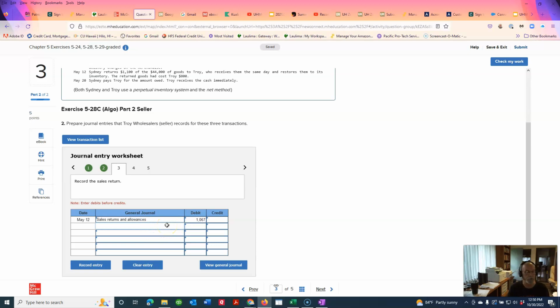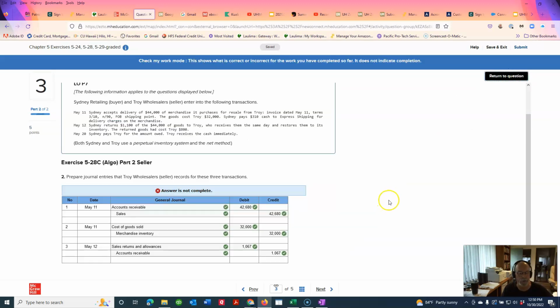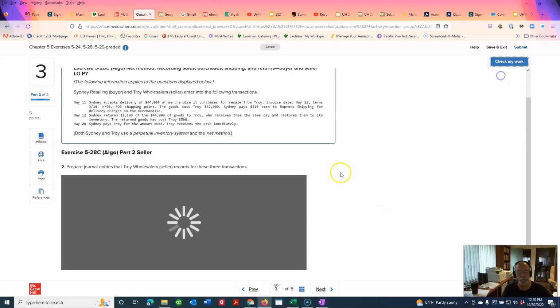And our credit, since we sold on credit and we debited accounts receivable, our credit account here will be our accounts receivable, because this will affect the amount that is owed to us. And that's reduced by 1067. And again, we want to make sure we're on the right track here. And we are.